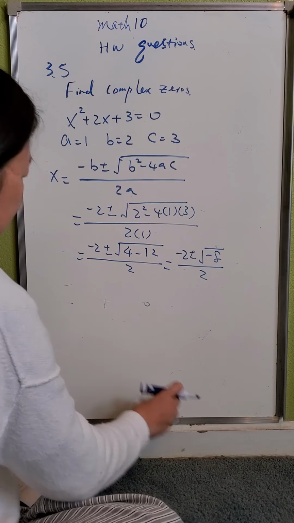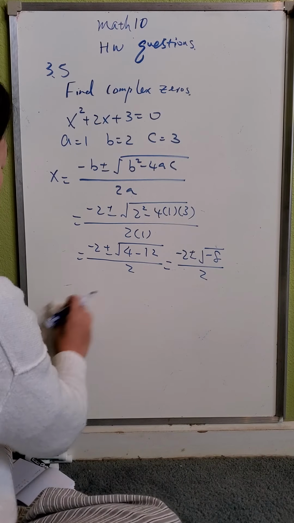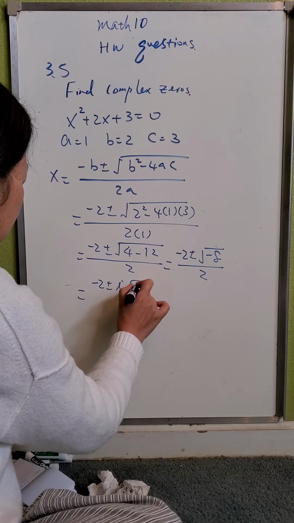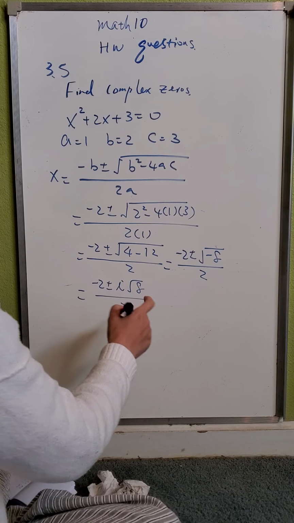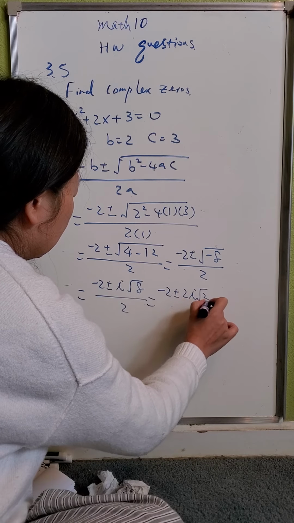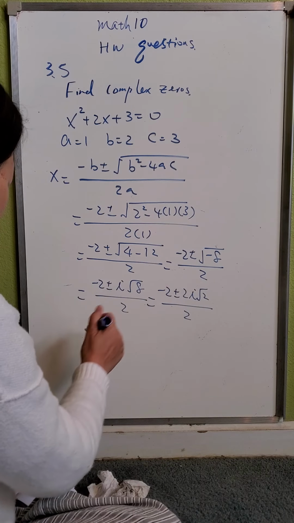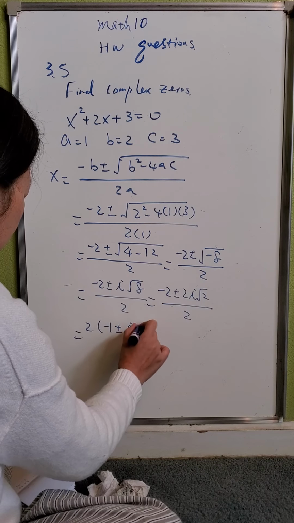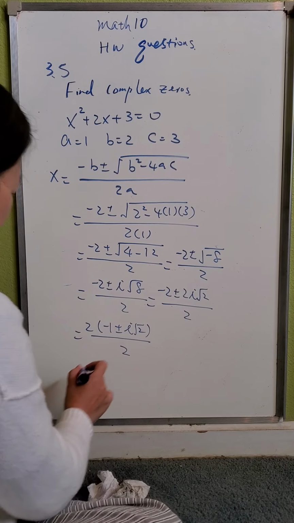Again, you see the negative sign there. Okay, that's your i. And then the square root of 8 is equal to 2 square root 2. And now they all have a 2. Factor out the 2, and then that reduces.